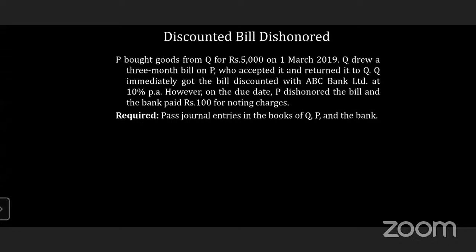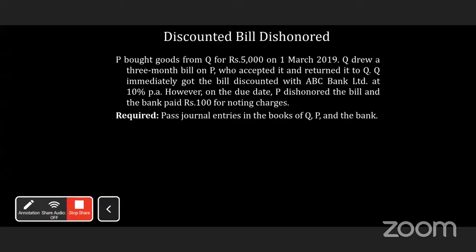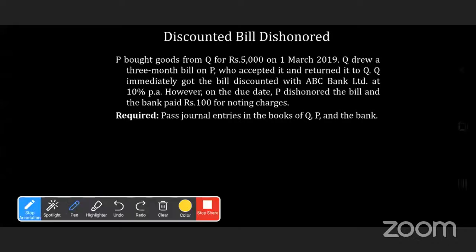P bought goods from Q for rupees 5,000 on 1st March 2019. So P is the purchaser and Q is the seller.